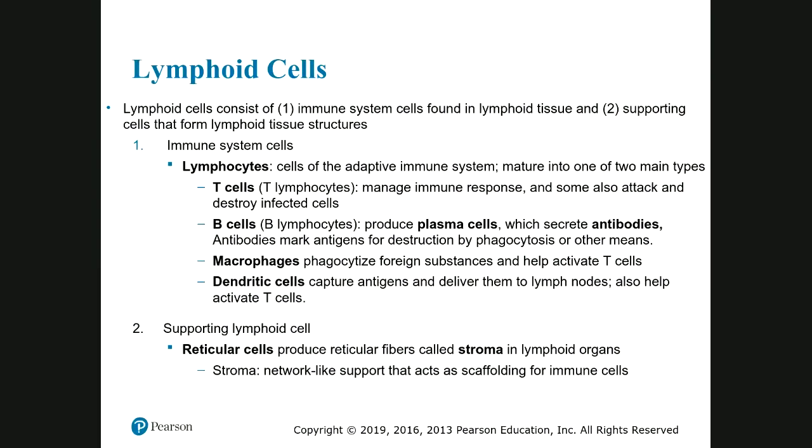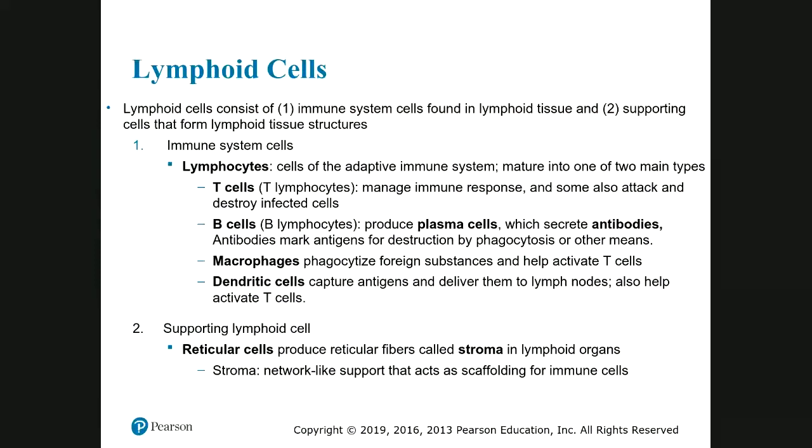The most important ones are the immune cells, like T cells, that manage the immune response by attacking the infected cells directly. The B cells attack the infected cells by secreting antibodies.